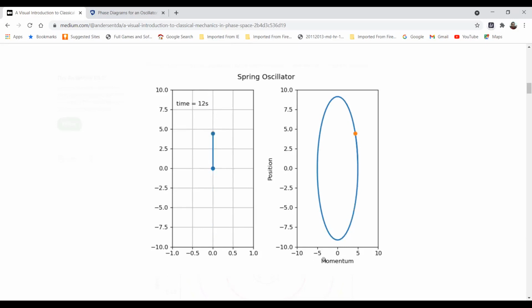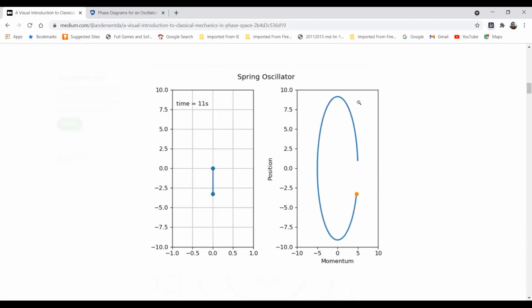This one is a momentum axis, the horizontal axis. So when the spring goes up, then this will show this particular diagram. When it comes down, simultaneously observe, it traces a circle. A circular shape will be traced by this. So the corresponding phase diagram or phase trajectory for a spring oscillator is a circle.